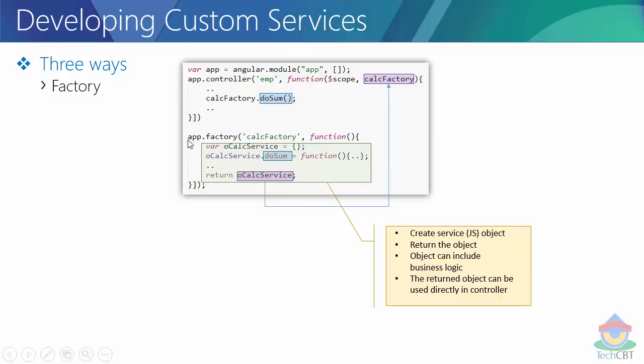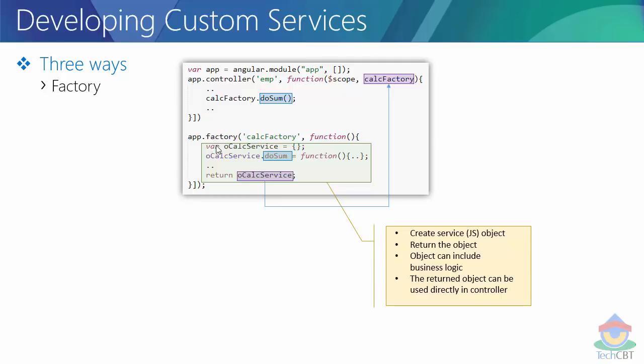So this is your service object, and it will be served through the factory model. Factory here is just a model on how you are going to send your service object to the controller. Whenever I say model, do not consider the database model or the data model here. It is just the methodology.